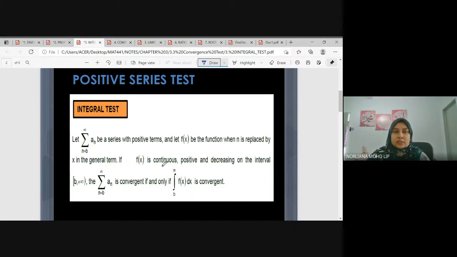If fx is continuous, positive and decreasing on the interval [b, infinity), then the series of an is convergent if and only if the integral of fx from b to infinity is convergent.